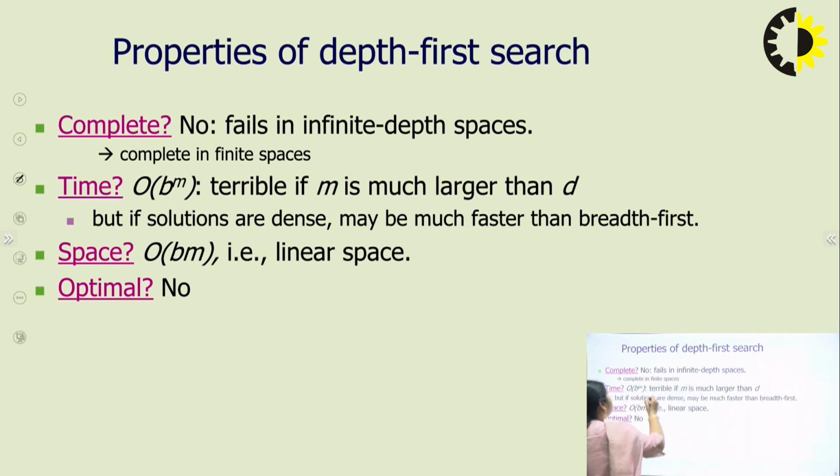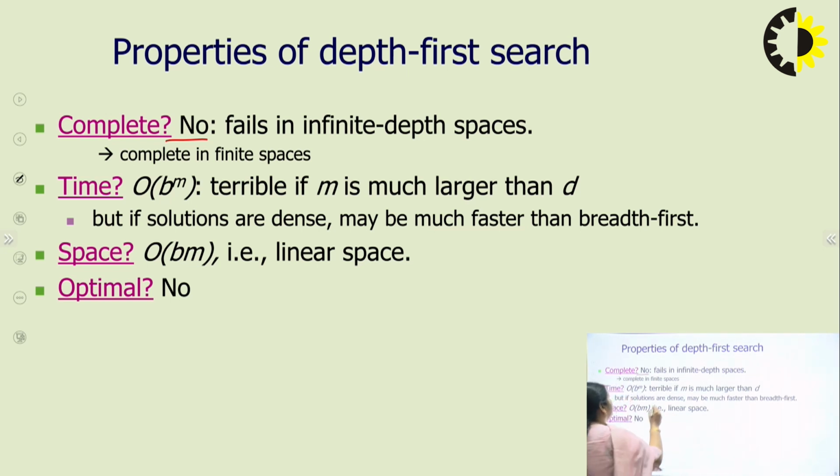So we say it is not complete, because it may be the case that the solution was C, which was on another edge. We went to B, B to D, and so on. In depth we are going on, while the solution is present on another branch, and we go on to infinite deeper length, and we are not able to reach the C side, that is the other branch.